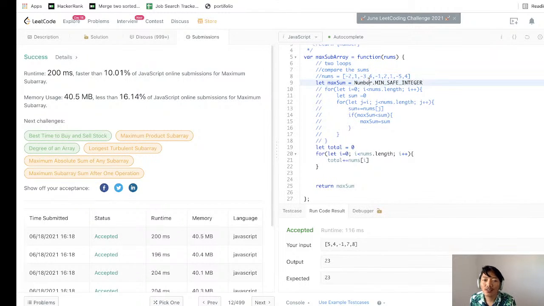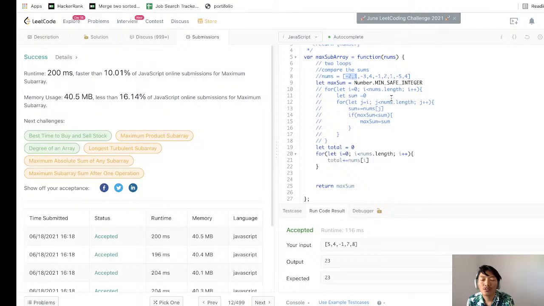Okay. So let's try sliding window here. So we initially start from here, and if it is 0, we initially start from here.